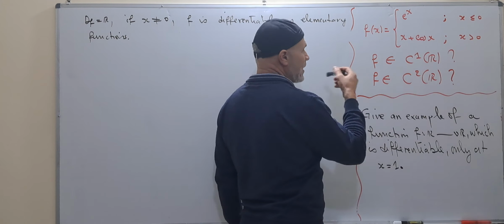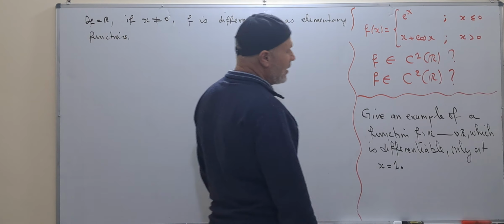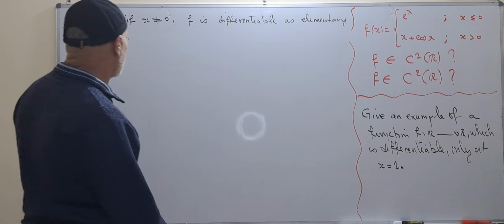And if x is strictly greater than 0, f of x is equal to x plus cosine x, which is differentiable.